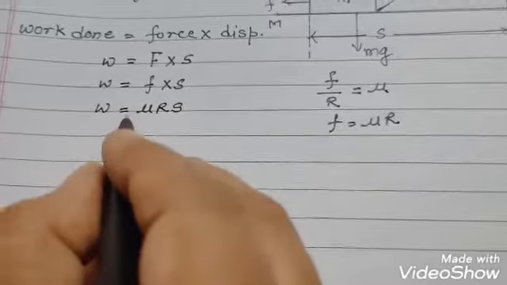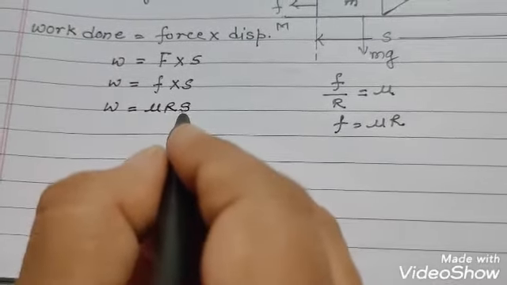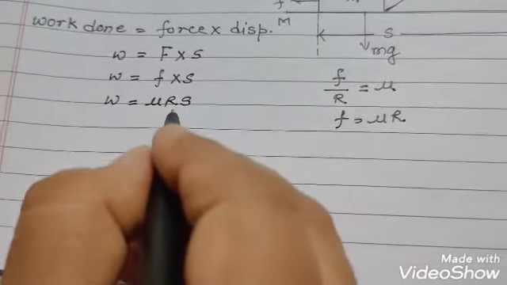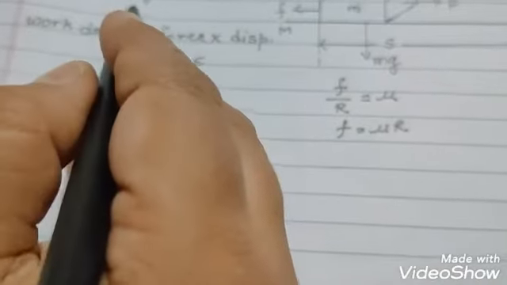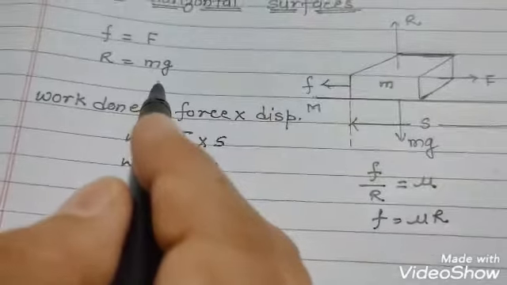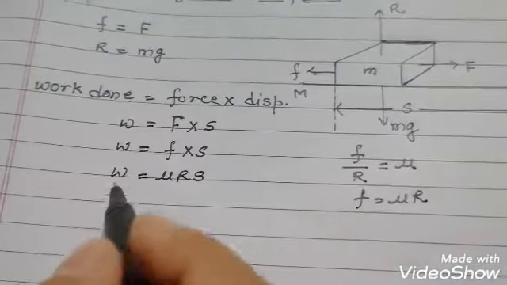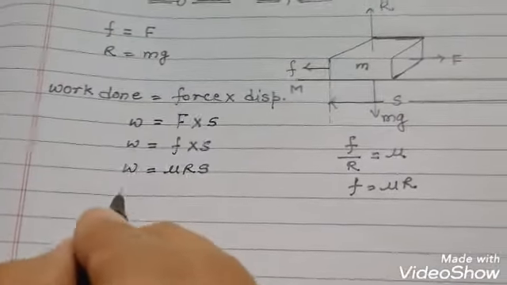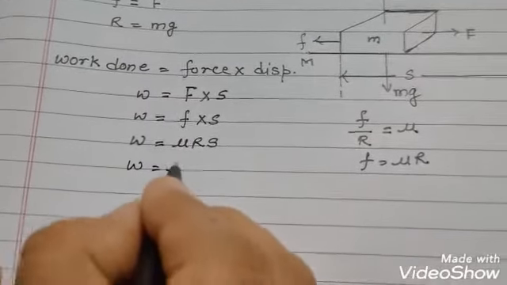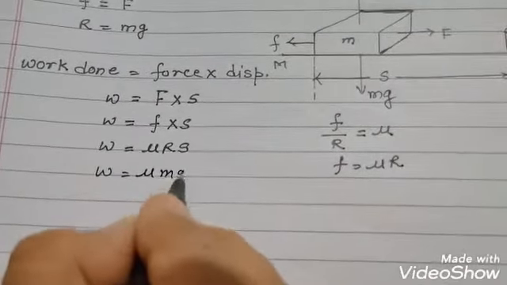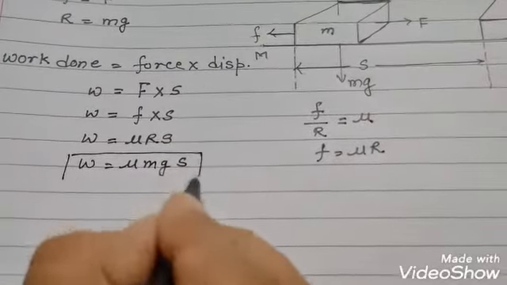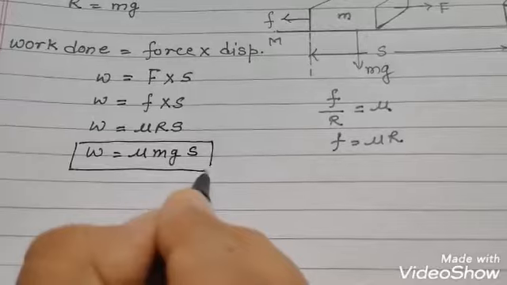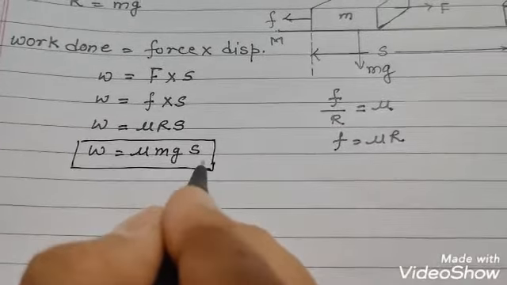So the work done is equal to mu R S, but we have already seen that R is equal to mg. So in place of R we can write mg, so it is mu mg S. That means the work done is equal to mu mg s.